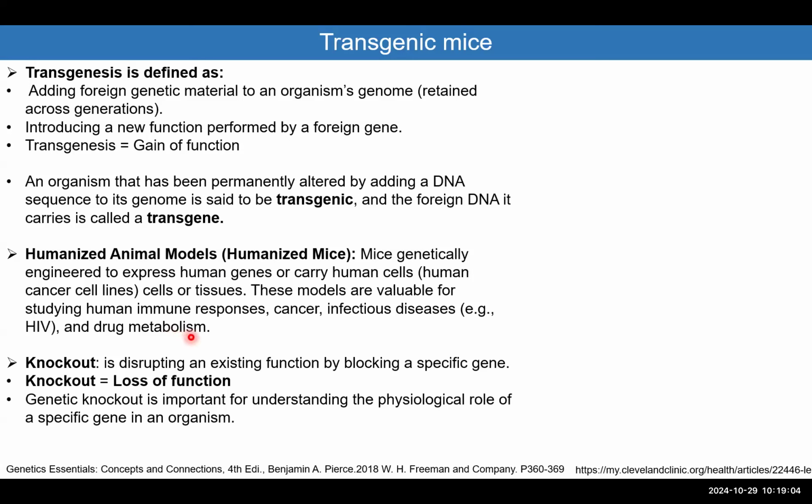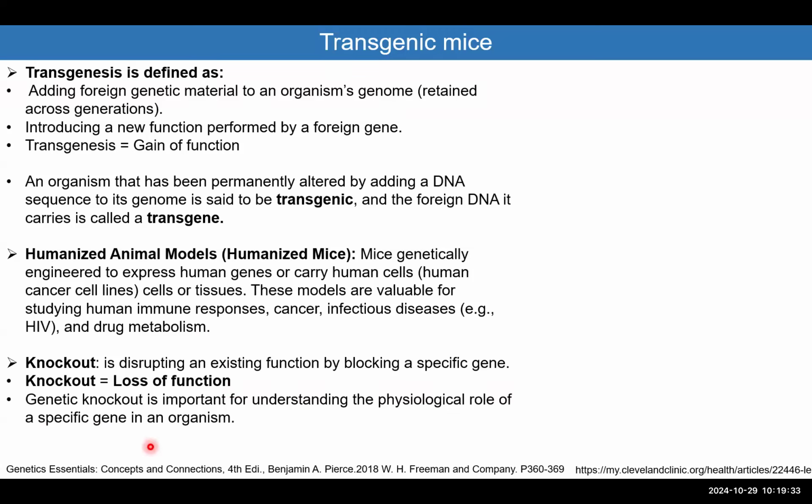Okay. Now, in terms of a knockout animal, it's a transgenic animal, but we are disrupting an existing function by blocking a specific gene. In other words, in that animal, there is a gene that is built in the genome. However, we are knocking out that gene, so we will lose the function of that gene.